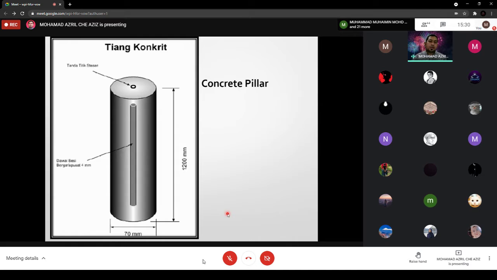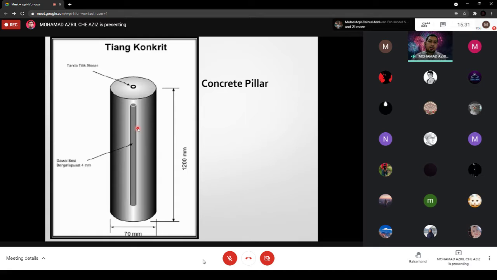Then this one, the concrete pillar, is about 1,200 mm long and 70 mm for the width. Same thing, you have an iron wire, and then the station point mark on top.